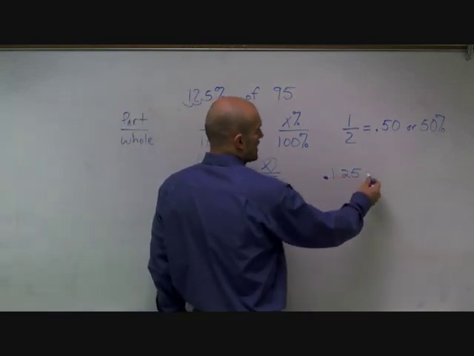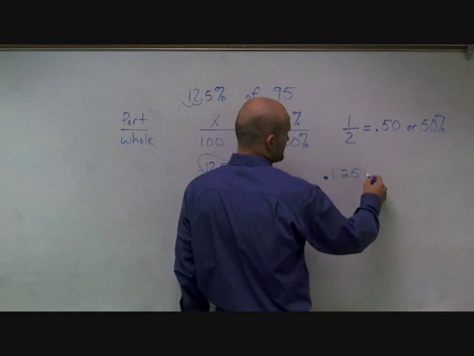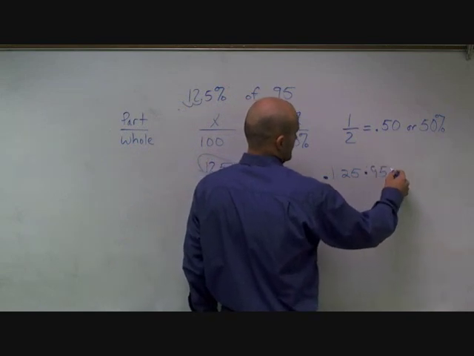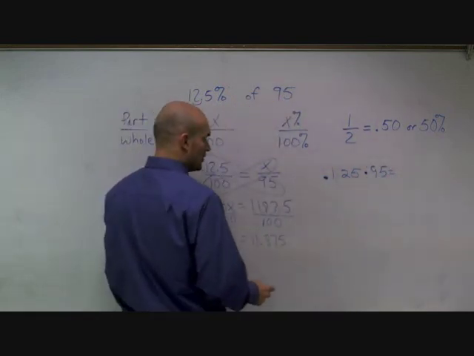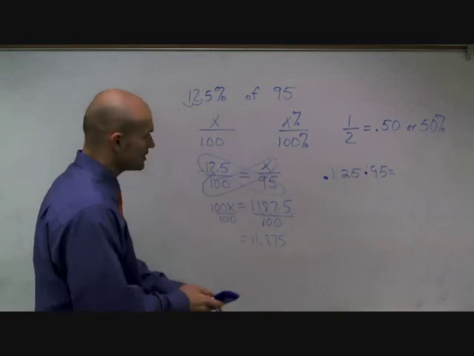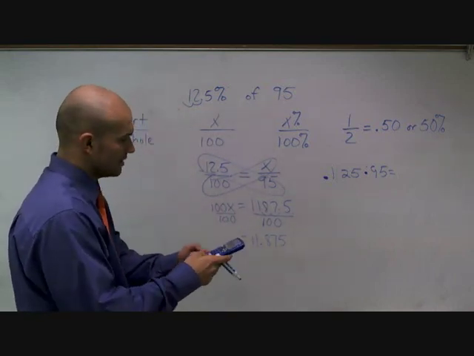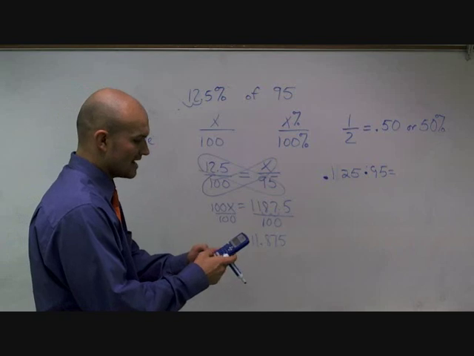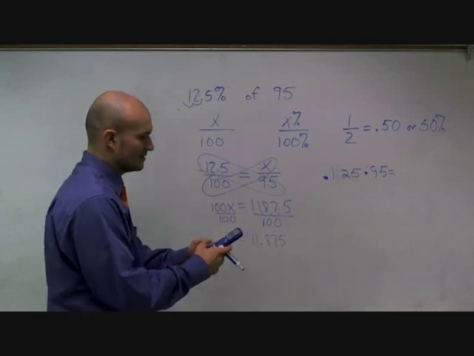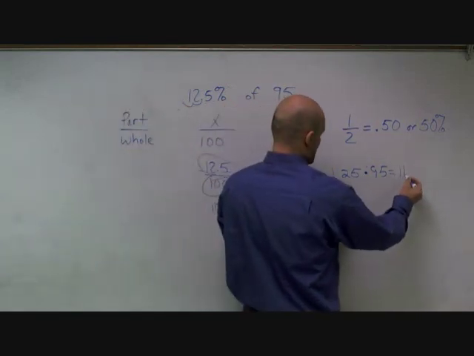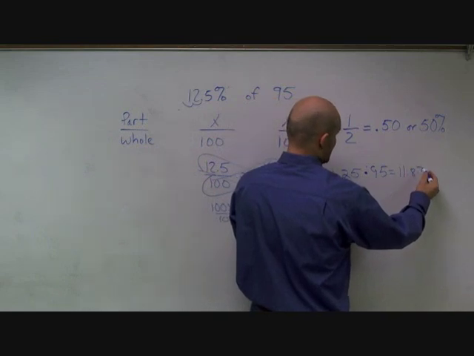So 0.125 of 95, and I'll type in my calculator, 0.125 times 95 equals 11.875.